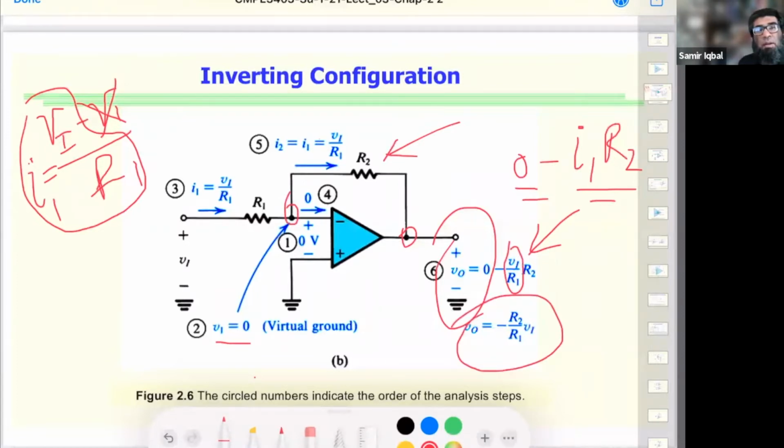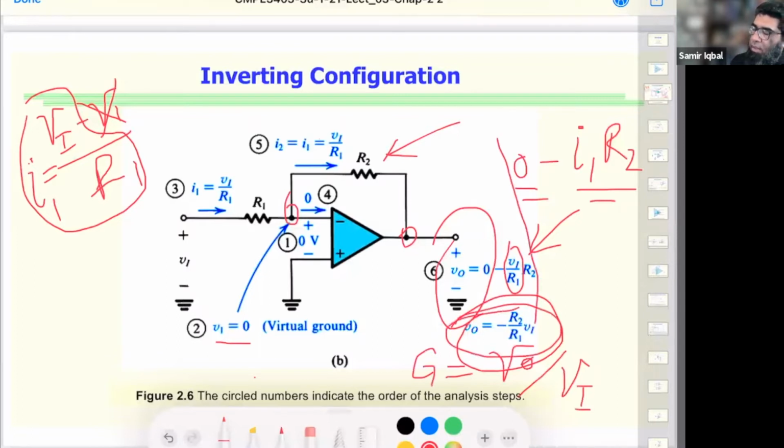But we remember gain from the first chapter: gain is equal to V out over V in. If I rearrange this, what I get is my gain, V out over Vi, is equal to minus R2 over R1.